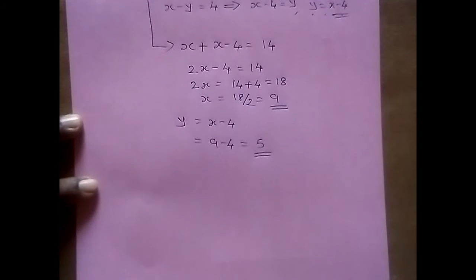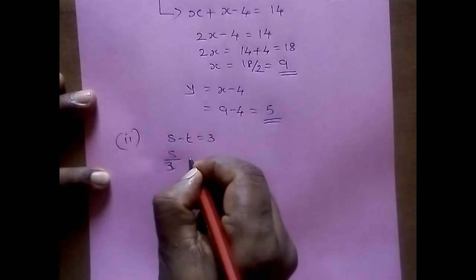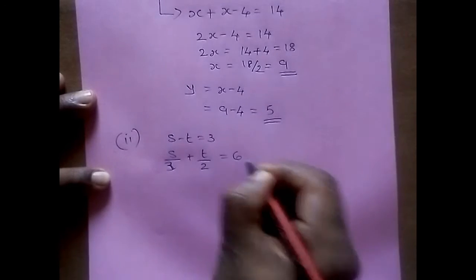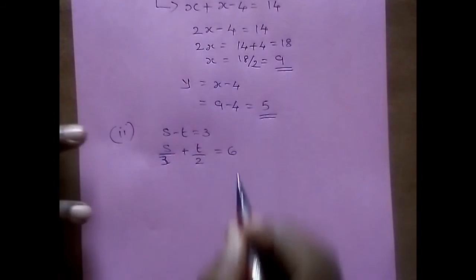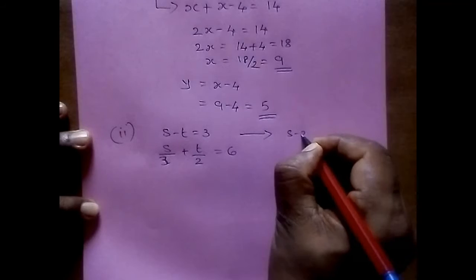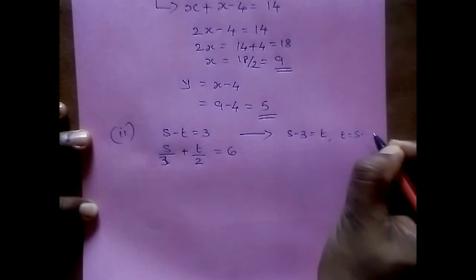That is the solution. Now we are moving to the second sub-question of question number 1, that is s minus t is equal to 3, s by 3 plus t divided by 2 equal to 6. From the first equation, s minus 3 is equal to t, or t can be written as s minus 3.